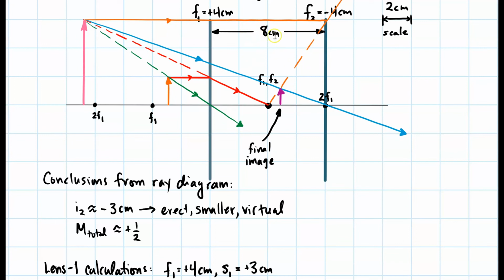I know that the distance between the two lenses is 8 centimeters, and I know the distance from lens 1 to image 1 is minus 12, so therefore that distance is going to be 12 plus 8, and that becomes the object for the second lens.